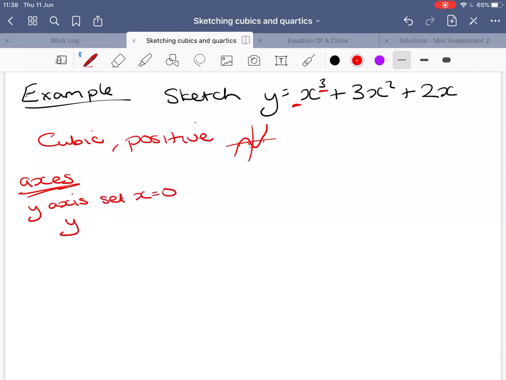So in this case, I get y is 0 cubed plus 3 lots of 0 squared plus 2 lots of 0. Guess what? y is 0. Now I need to find where it crosses the x-axis, so I set y to equal 0. I've got 0 equals x cubed plus 3x squared plus 2x.